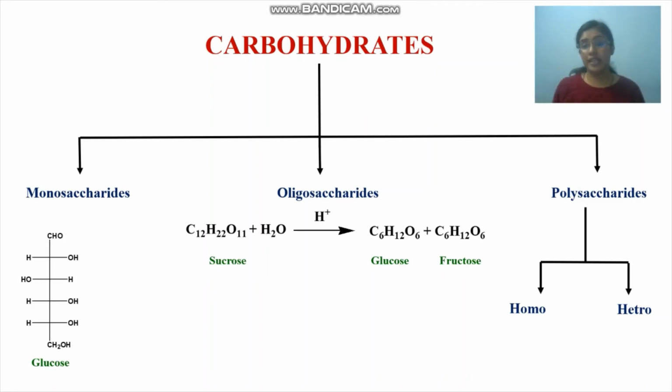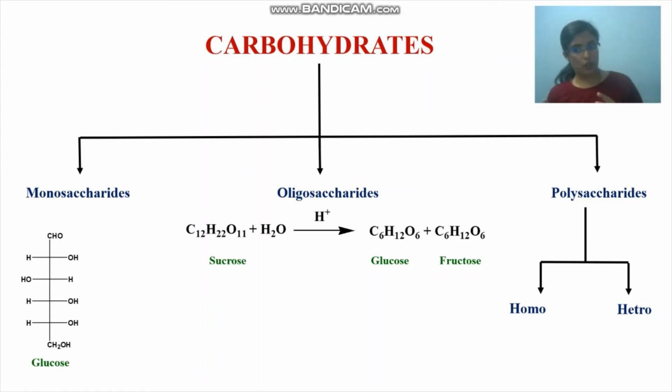When you hydrolyze sucrose, acid hydrolysis will give rise to 2 units of monosaccharides, a glucose and a fructose. So these oligosaccharides can be a disaccharide, a trisaccharide, or a tetrasaccharide, depending upon how many monosaccharide units they give. Sucrose is a disaccharide because it gives rise to 2 monosaccharide units, glucose and fructose.